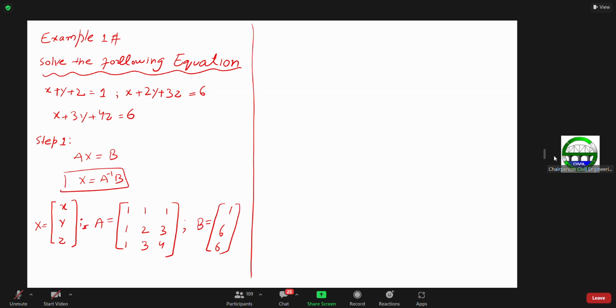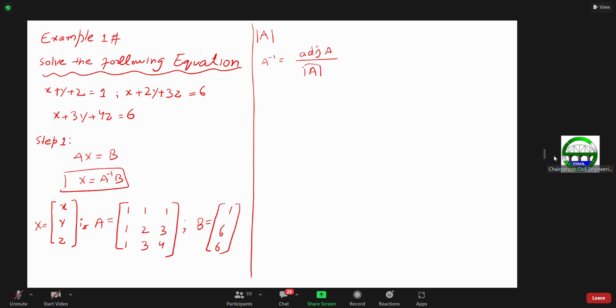So let's try to find the determinant of A. Can anyone please find the determinant of A? Because how are we gonna find the adjoint of A? A inverse is equal to the adjoint of A divided by the determinant of A, right?